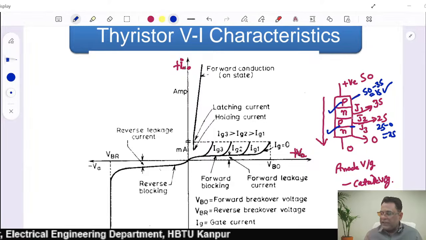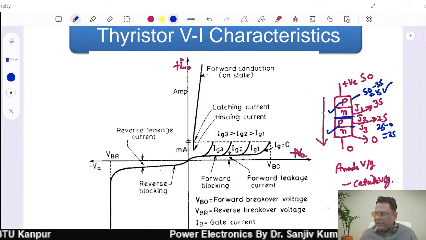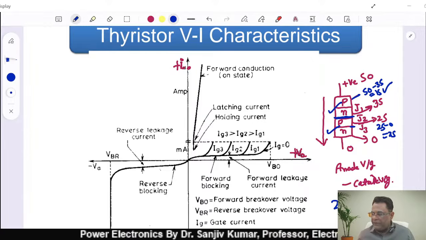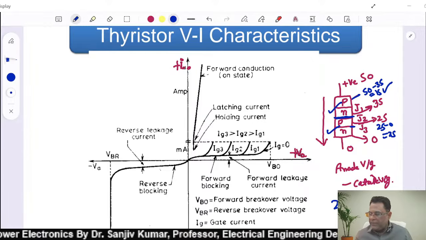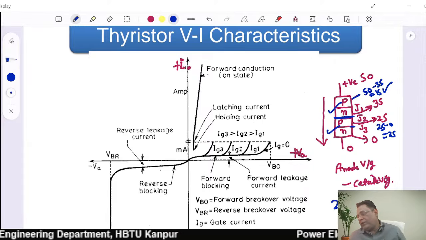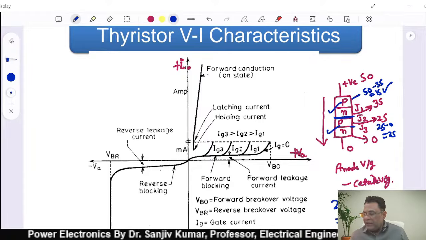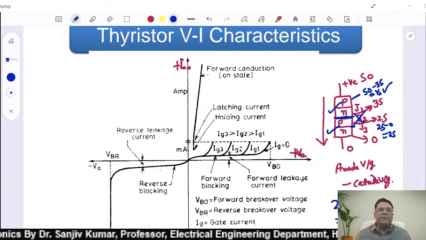Now check the junction J2. P is at 25 volt, N is at 35. So now it comes out to be minus 10, which is negative. So junction J2 is in reverse bias, right?